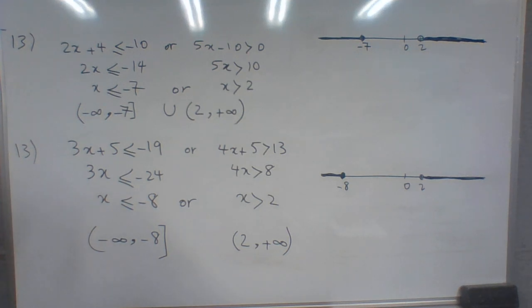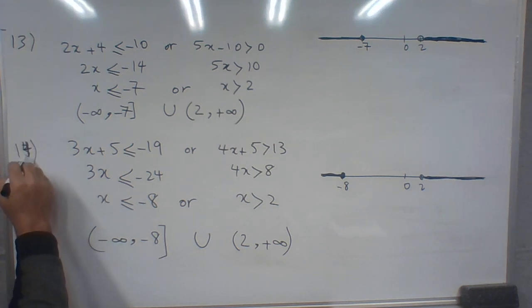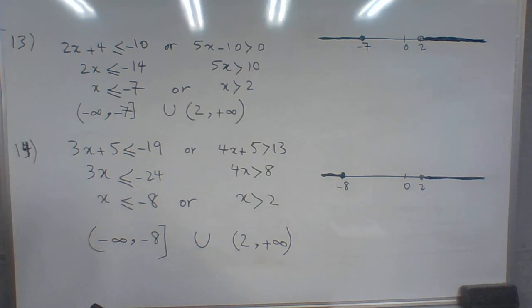Okay? And then inequality notation is already done. Write answer in interval notation. It is already done, and it is union. This or that means union. Okay, that was problem number 14. Now let's go to problem number 15.